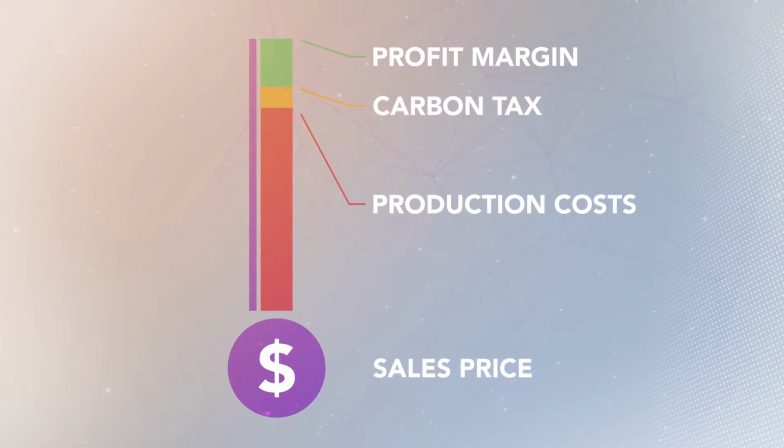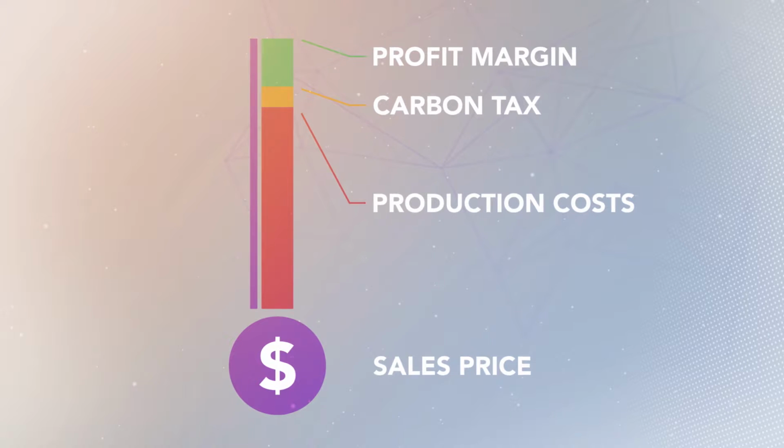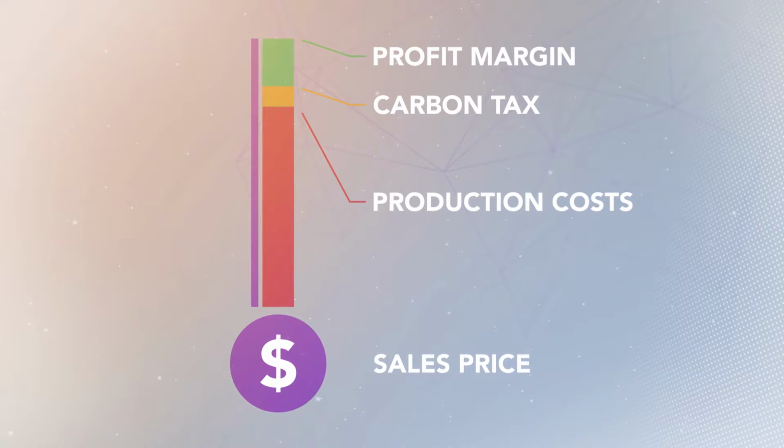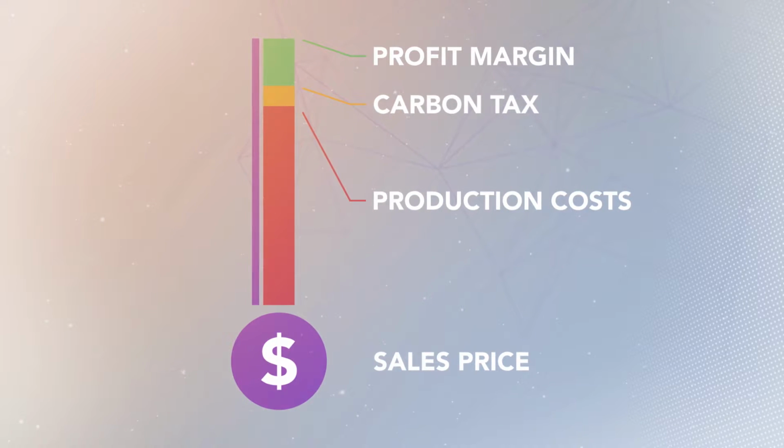But the success of the program is highly dependent on how the taxation rate is set. If the tax is too low, then emitters have little reason to change their actions. And if the tax is too high, then it can prematurely shut down carbon-intensive markets.